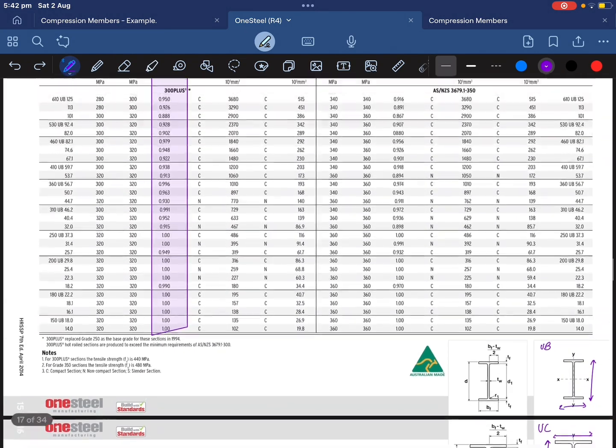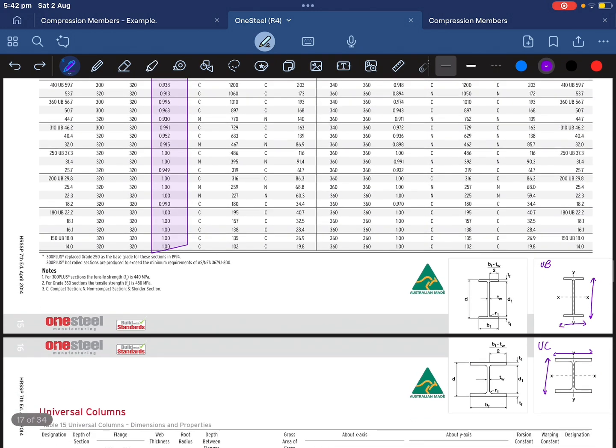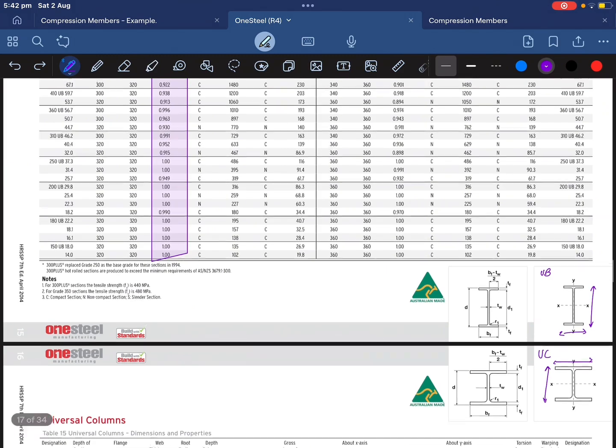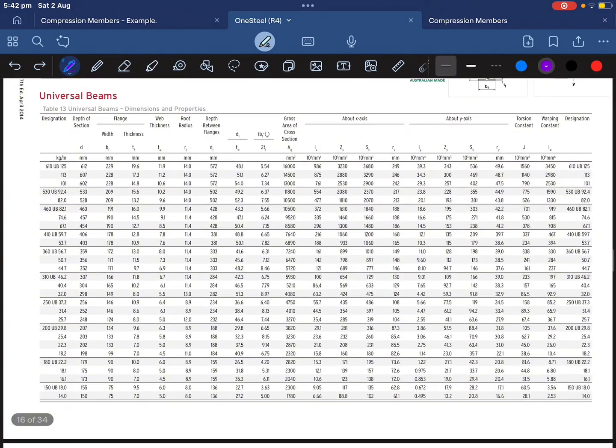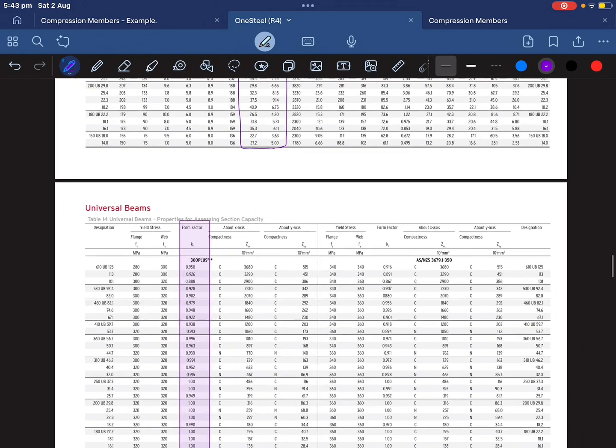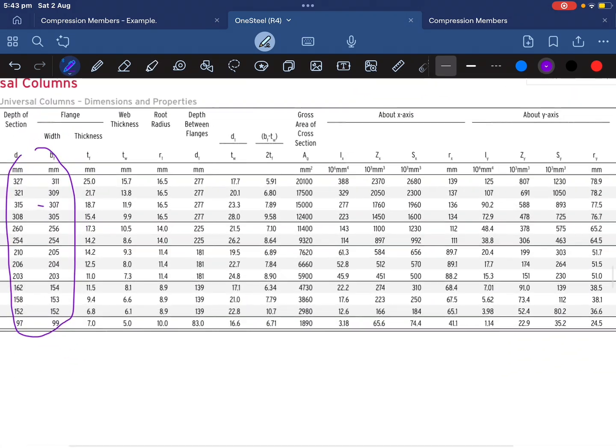Okay, so what that means is that UB sections will typically have a higher B on T ratio than UC sections. And that B on T ratio you can get from here, right? So that's the B on T ratio for web, and that's the B on T ratio for flange. And you can see universal beams here have higher B on T values than universal column sections, right?